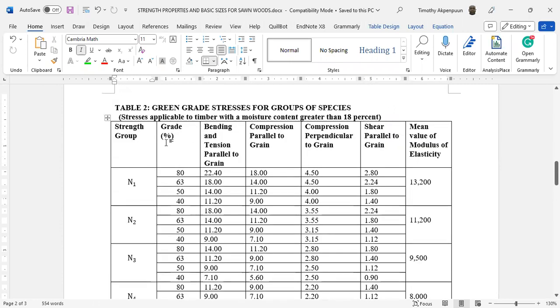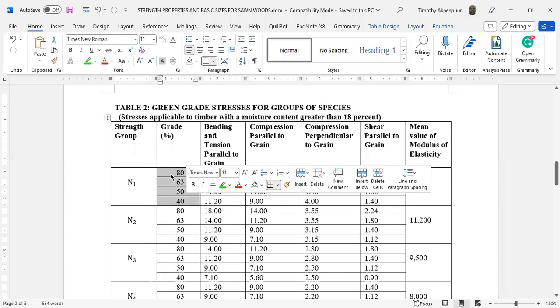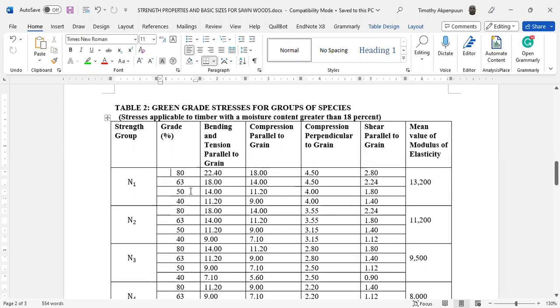You have grade percent: 80%, 63, 50, and 40. I will say choose any one that you want here. So it's likely that what Finn will choose will be different from what you choose. And once you choose that, you just keep on maintaining a straight line. You don't mix up the values because they're different.